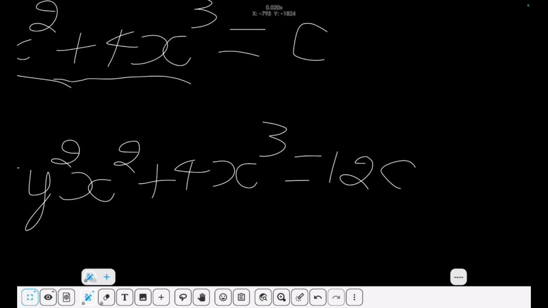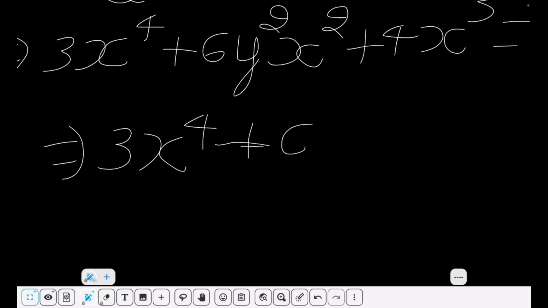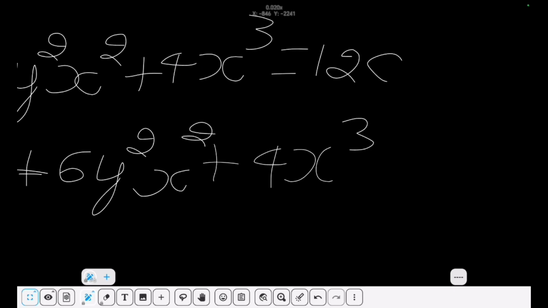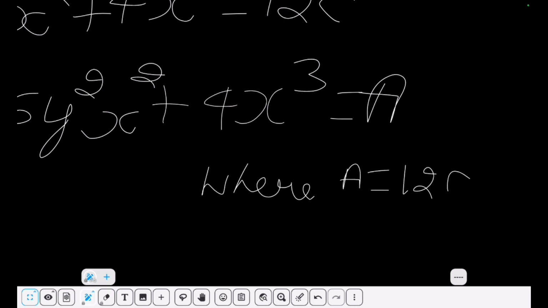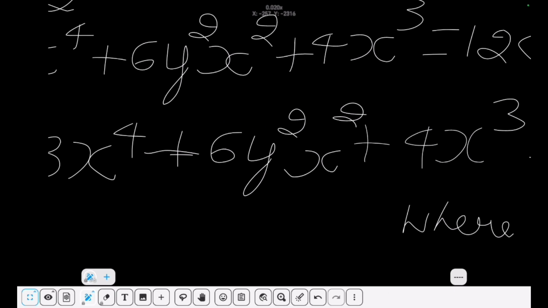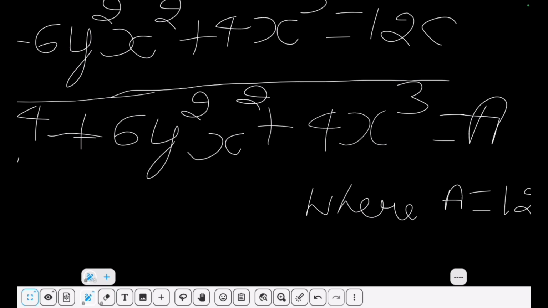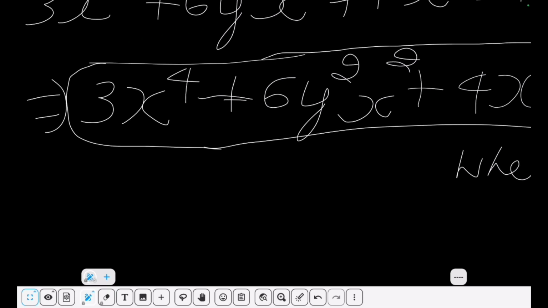So since c is a constant, 12c will also be a constant. We can consider it as a, some random constant, where a equals 12c. Since 12 is also a constant, multiplication of a constant with another constant would be a constant itself. So I write it as a. So this will be the final answer.